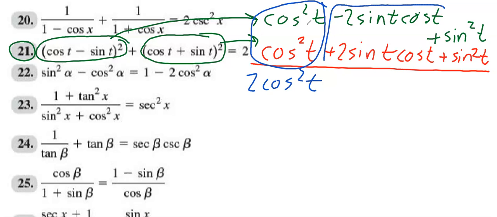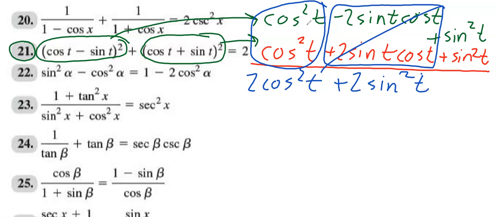And then what happens in the middle? Gone. Plus 2 sine squared t. If I were you right now, I'd be looking for a greatest common factor. Show me what to do with that GCF.